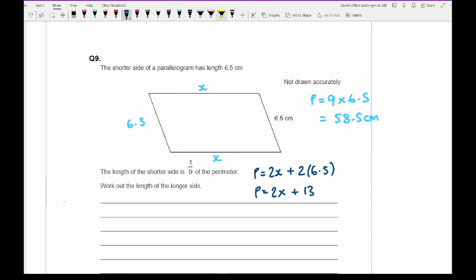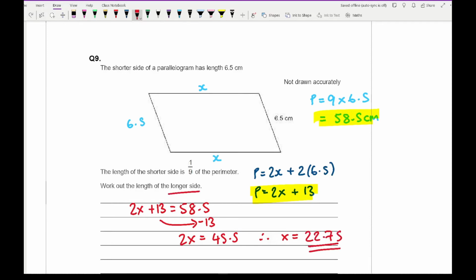So if the perimeter equals these two things, then I can make them equal to each other. So here I've got 2x plus 13 equals 58.5. If I take the 13 over to the other side, I end up with 2x equals 58.5 take away 13, which is 45.5. So therefore x equals 22.75. And that's what one of the longer sides equals, and that's in centimeters.